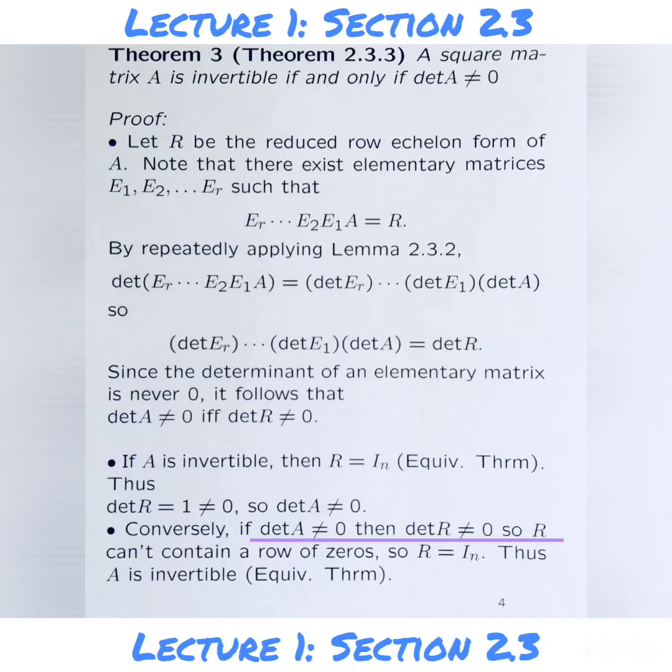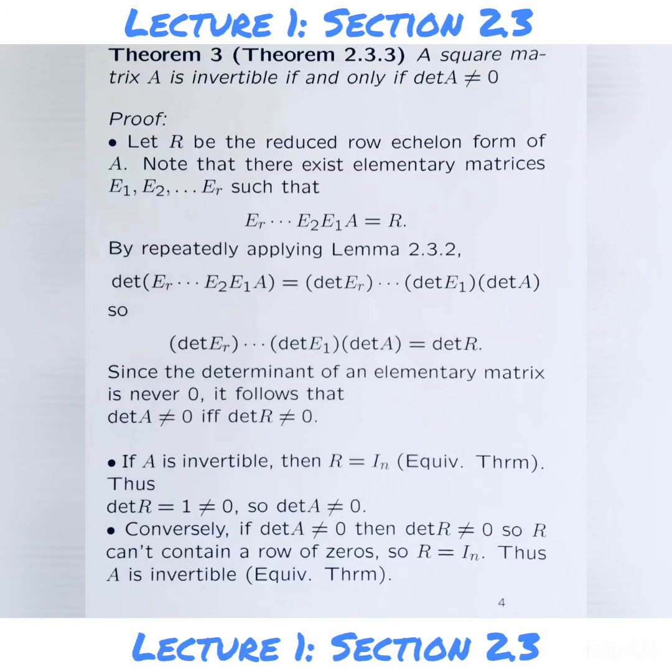Now, the fact that the determinant of R is not 0 is going to force R to be a matrix that's got no zero rows. And because the reduced row echelon form doesn't have a row of zeros, it's going to force the reduced row echelon form to be the identity matrix.